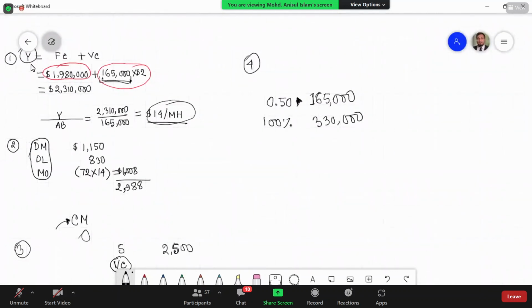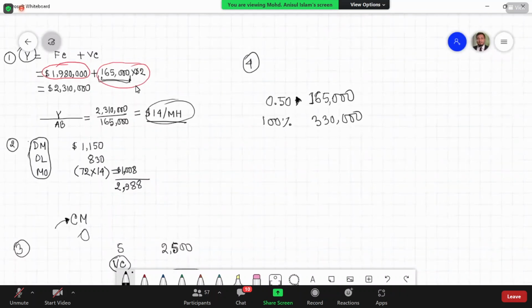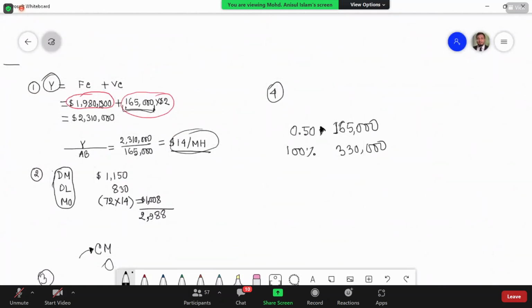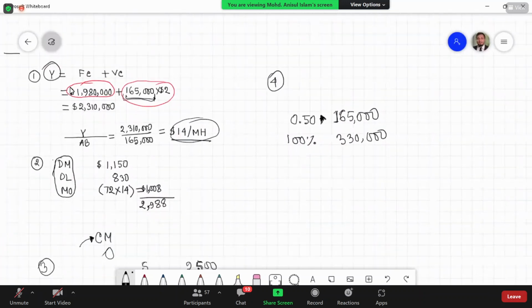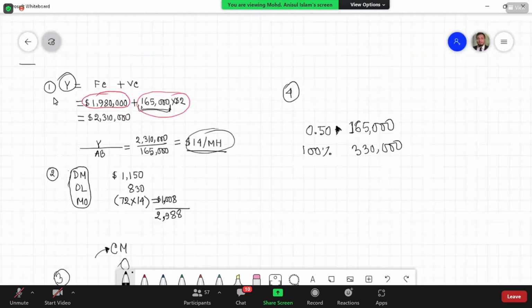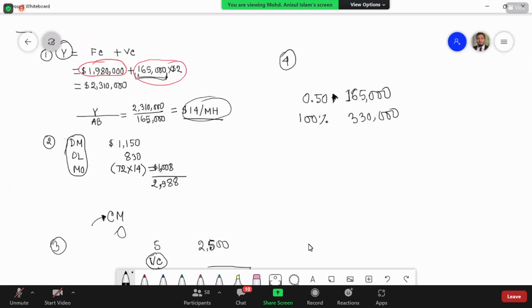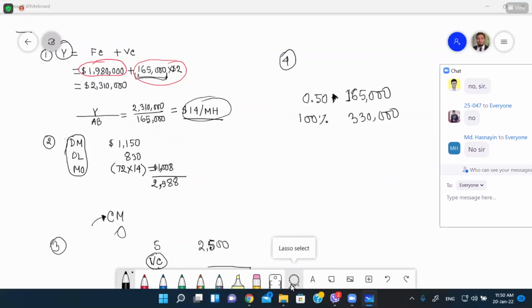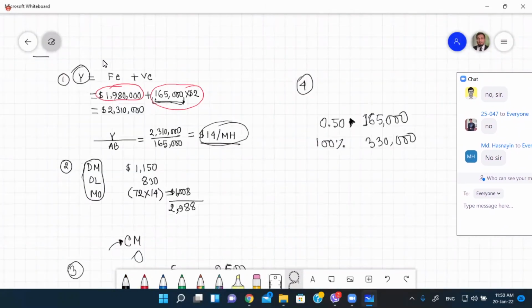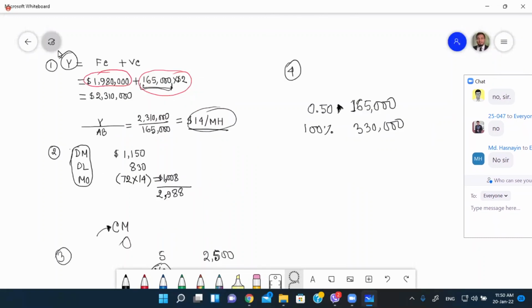Okay, this one. So what can we do? It is possible that we can, okay, so I was trying to copy this portion.